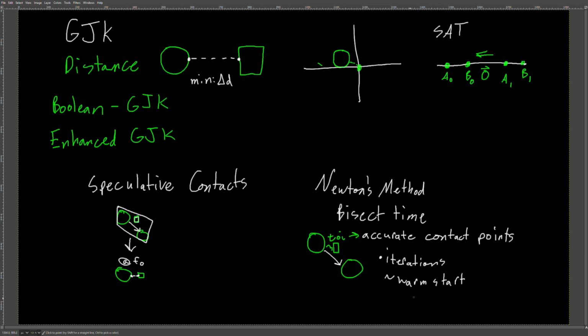But because it's iterative, we can warm start it, which means we can take the previous use of GJK and push it into the next iteration of Newton's method, and typically see a performance boost there. The implementation I have here is not actually using warm starting, so that is worth noting, because in the best case scenario with warm starting, you get constant time performance.